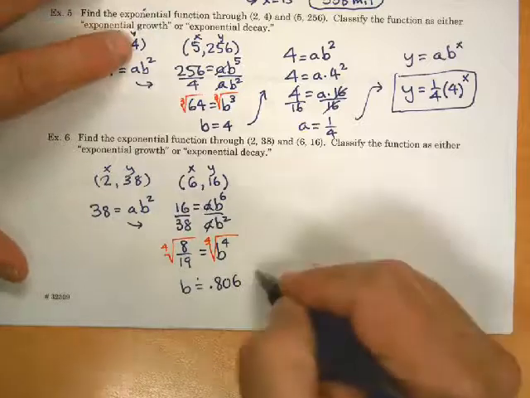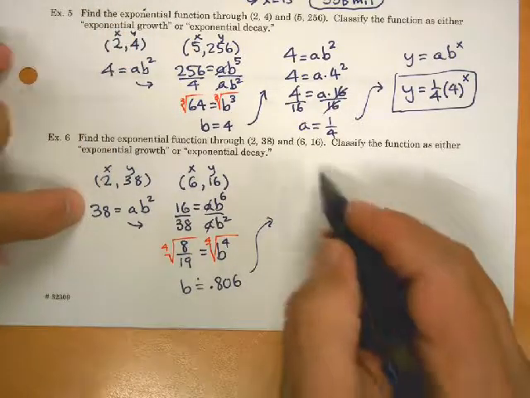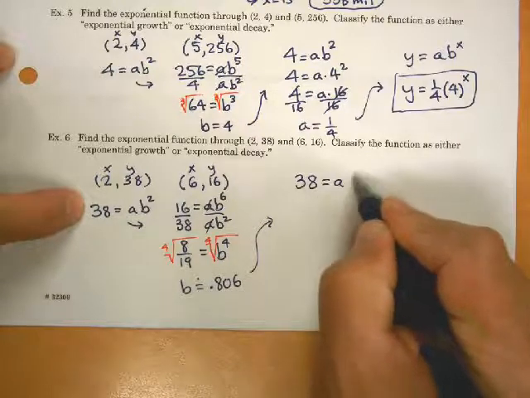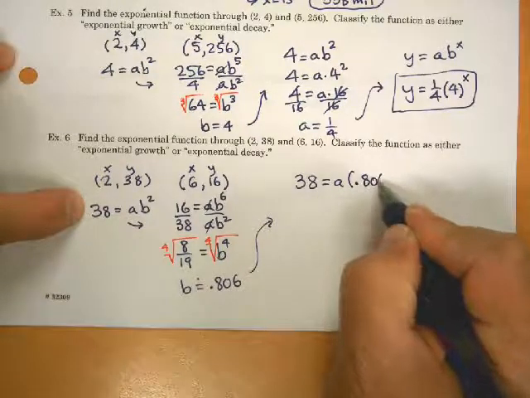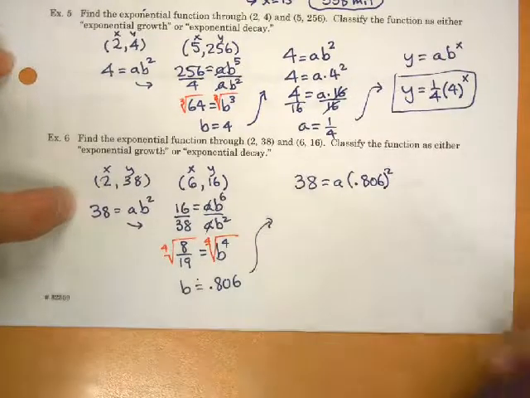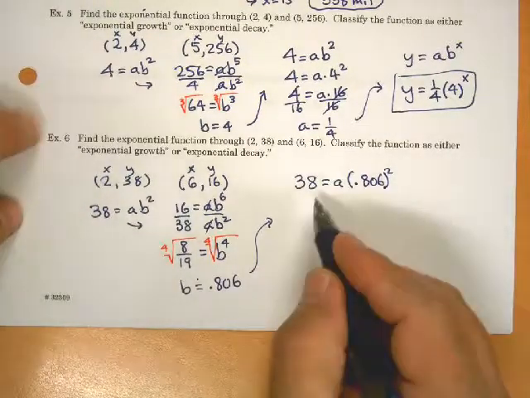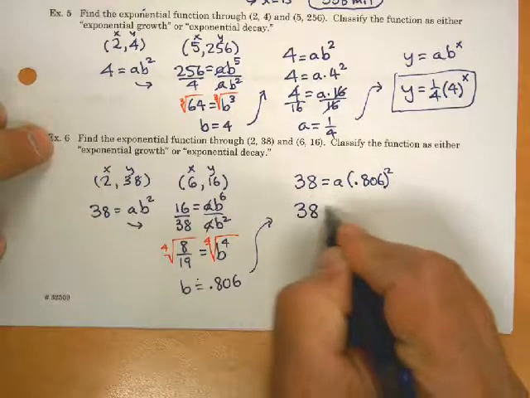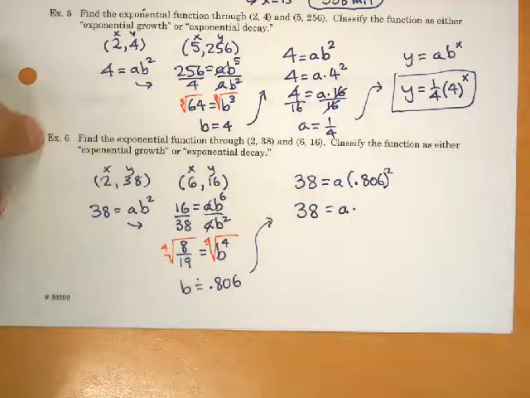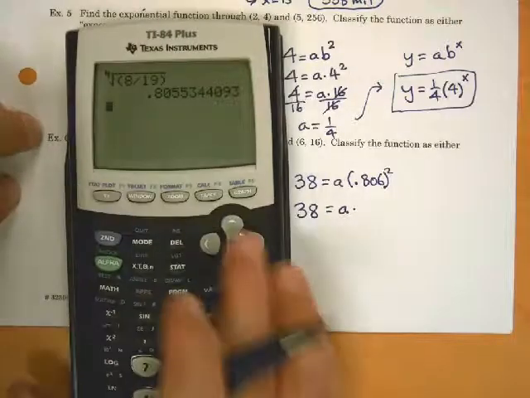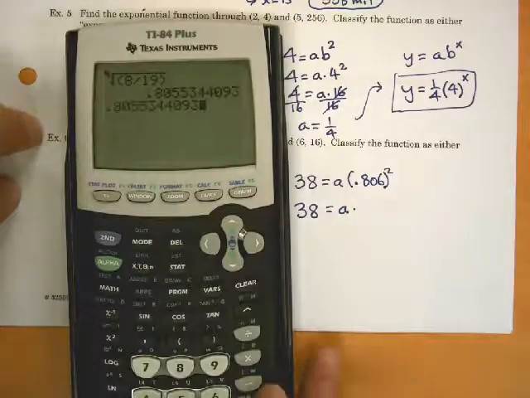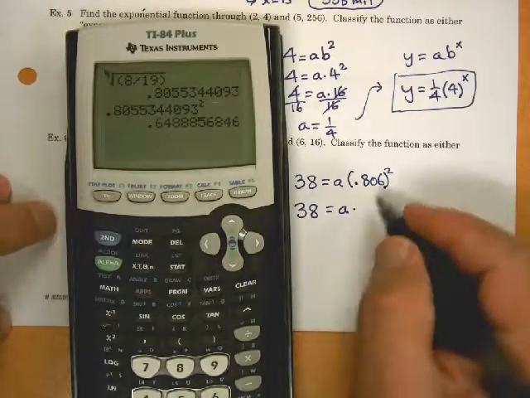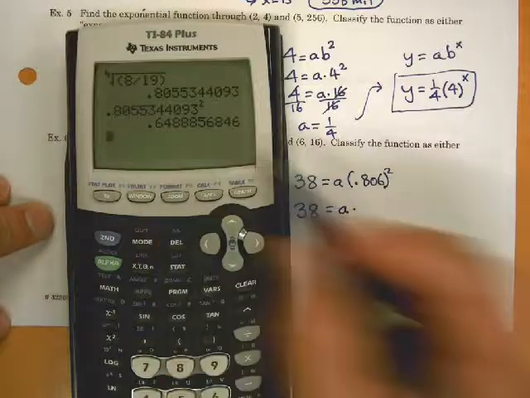Alright, now we're going to come up here and rewrite this one with that new piece of information. Alright, so let's see what we get when you take 0.806 squared. And I'm actually not going to do that. I'm going to take this full version of the answer and square that. So I'm rounding on paper only. It's going to be 0.6489.